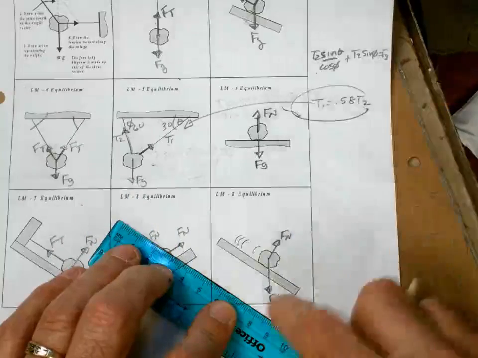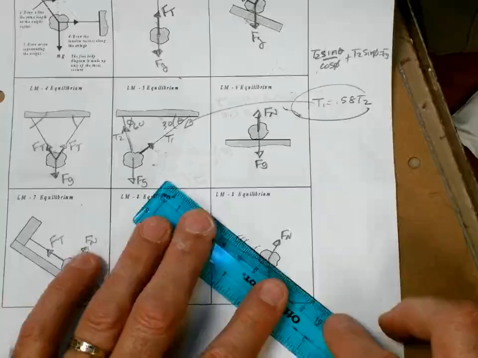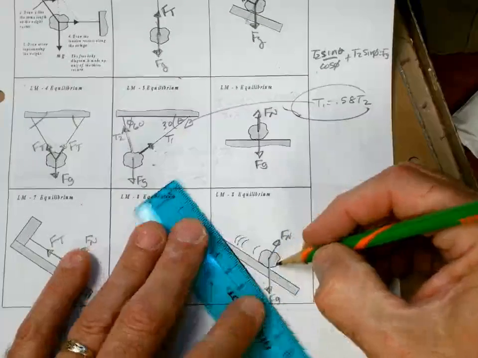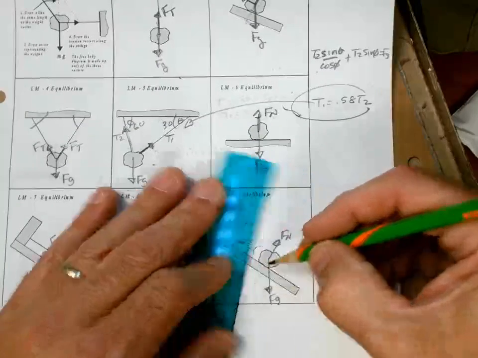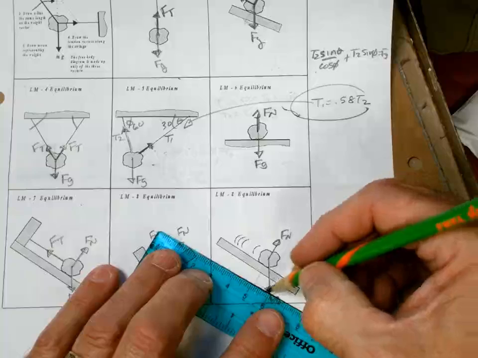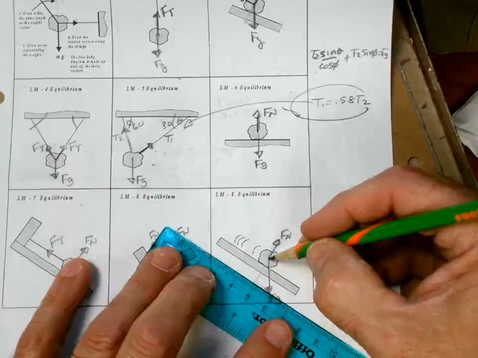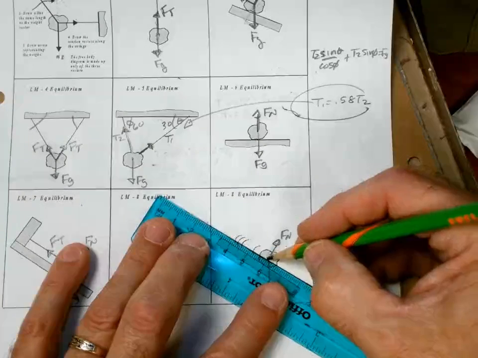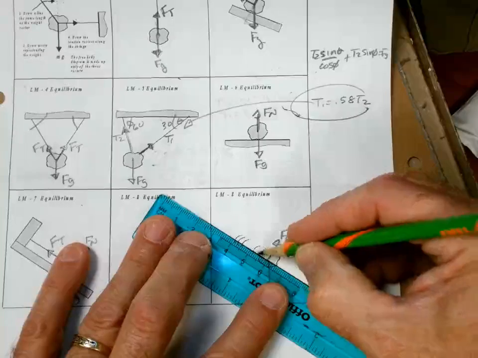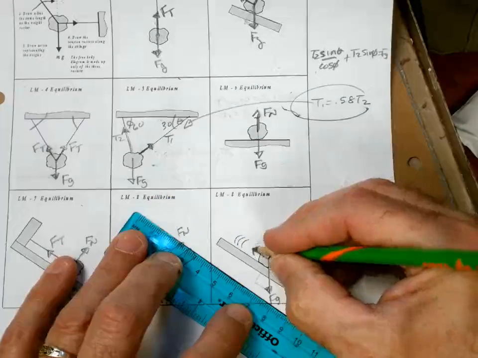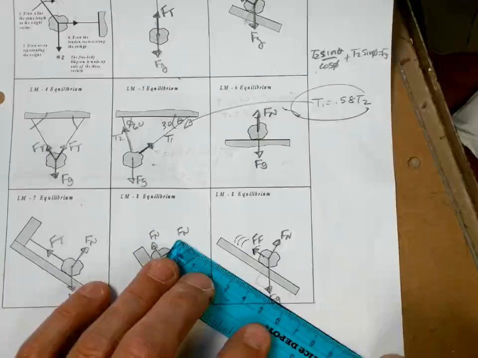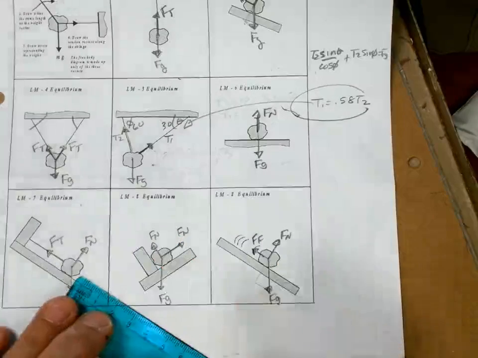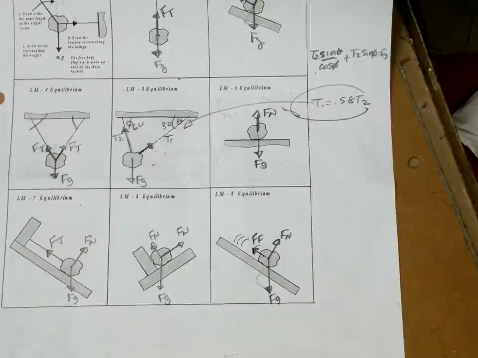And if there's the component of the gravity pulling it down the ramp, then that should be balanced by the frictional force, which is about yay much. So if that's a centimeter, then the frictional force should be the same. The equilibrium is just telling you how big to make the friction force, that it should be the same as the component of the gravity force that's pulling it down the ramp.